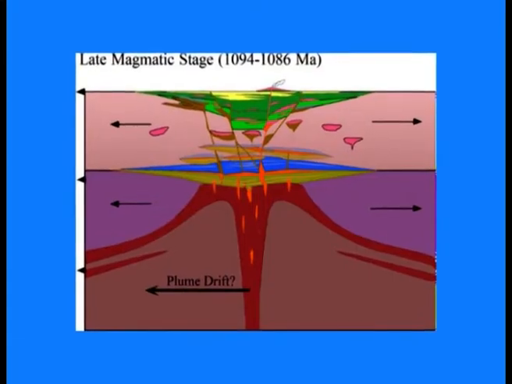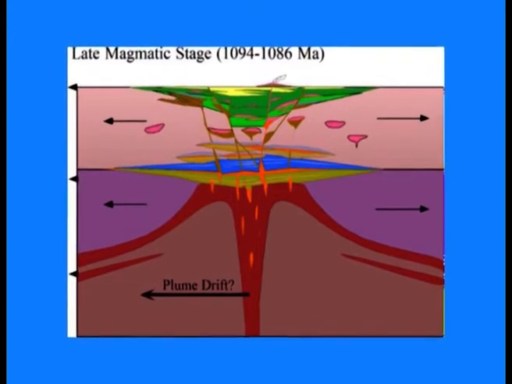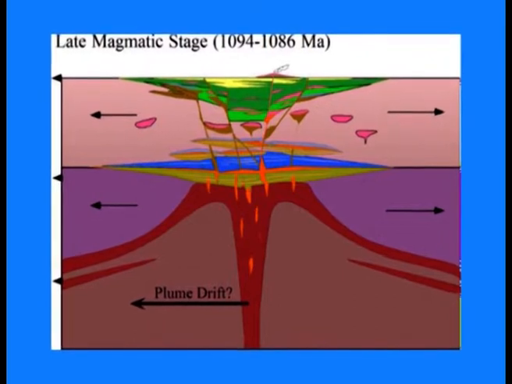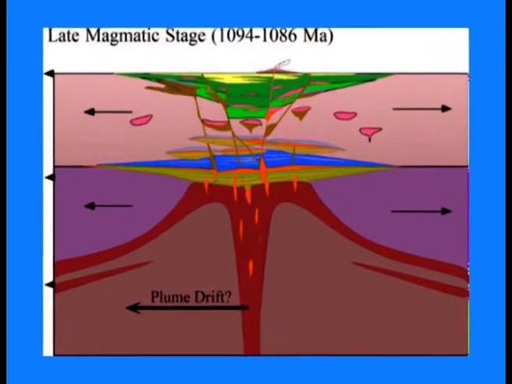Ore deposits are also found towards the end stages of crystallization, say when 90% of the magma is solidified. These are called late magmatic deposits.